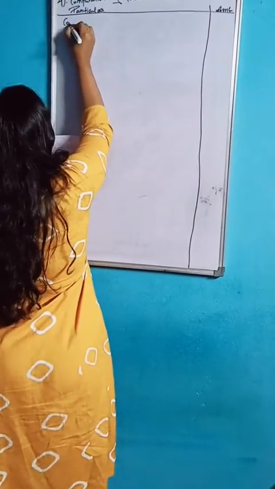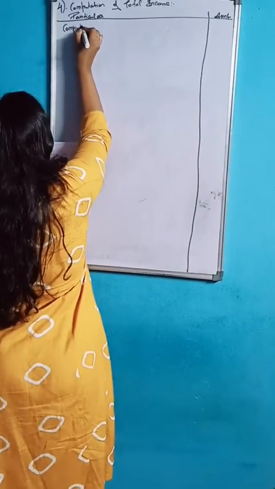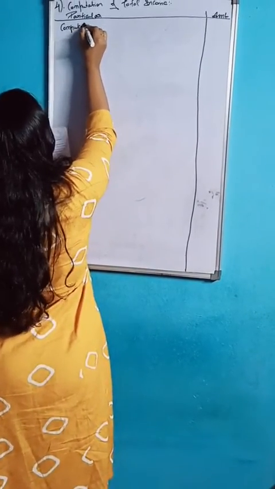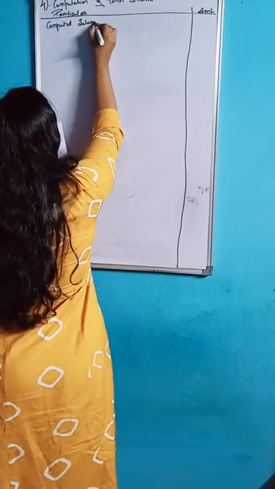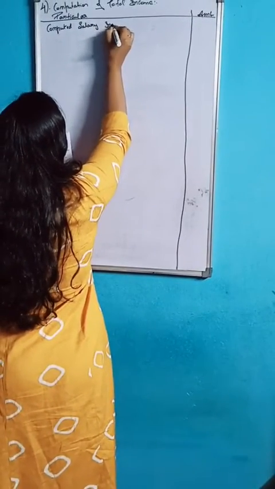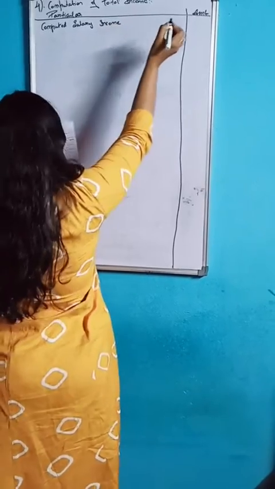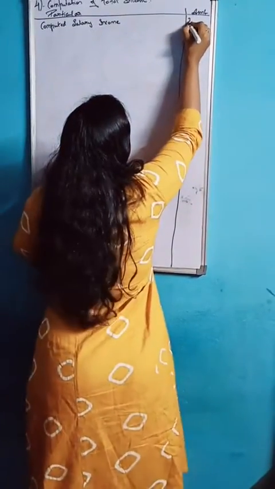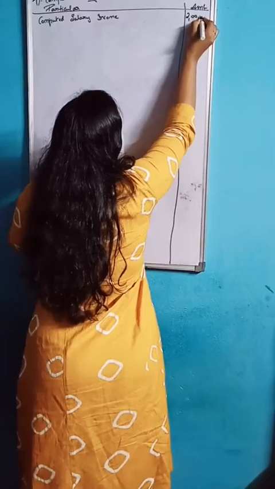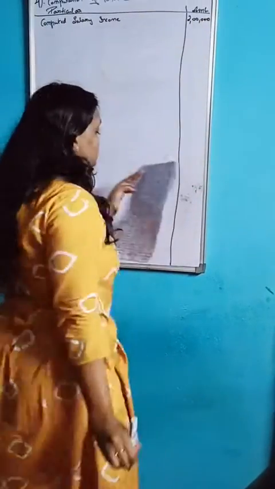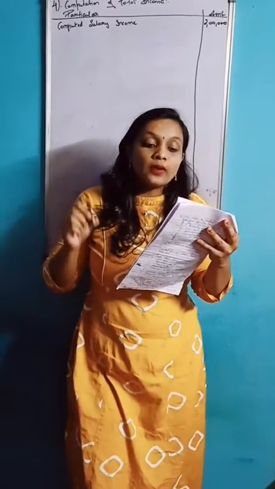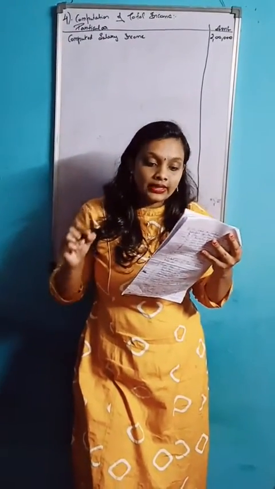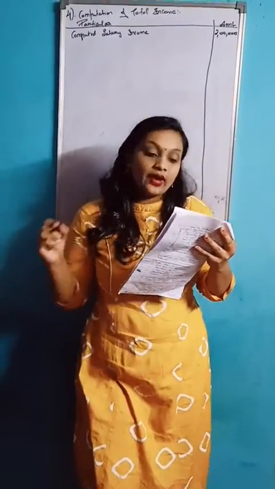So computed salary income, that is 2 lakh. Next, computed income from property, that is let out, rupees 65,000.